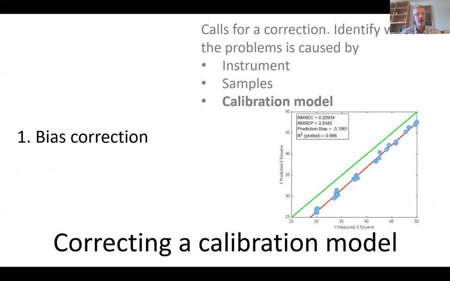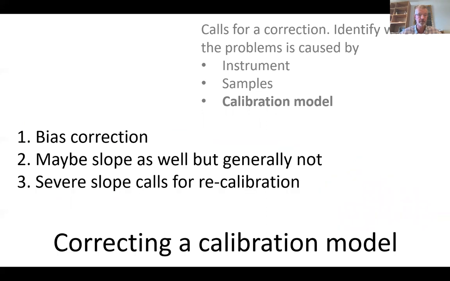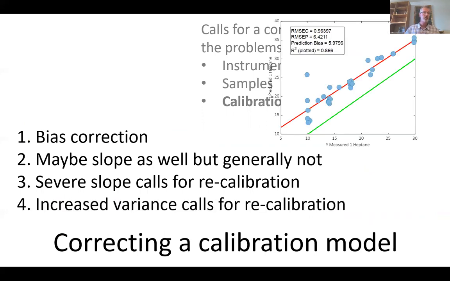And depending on what you find, you may sometimes do with simple bias corrections. That is done quite often when you maintain models, or maybe slope and bias. But generally, when you run into a lot of slope corrections, you may actually have to recalibrate your model.